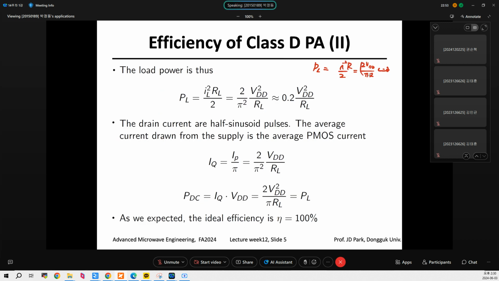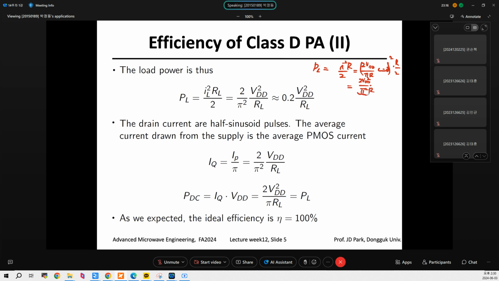So just take a scale, and R divided by 2, right? And which is just pi square and 2 VDD scale, right? And R cancels, so this is R, okay?